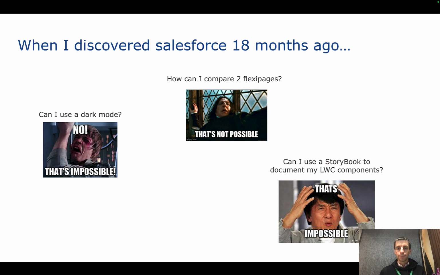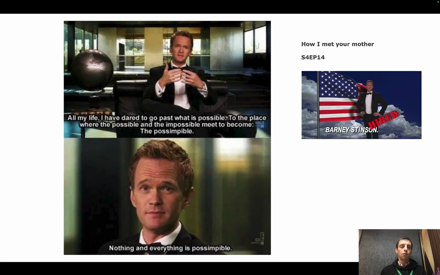Then I remembered what Barney said: there is a place where the possible and the impossible meet to become the possible. If you haven't seen this, I suggest you have a look at season 4, episode 14 of How I Met Your Mother. This is hilarious. He explains all of that in a resume he's doing, and that's my favorite episode.